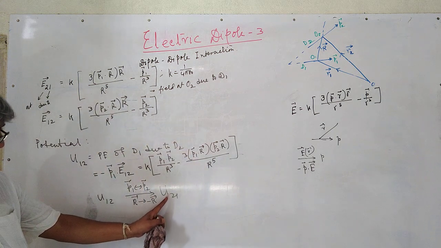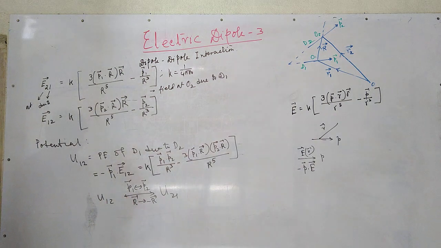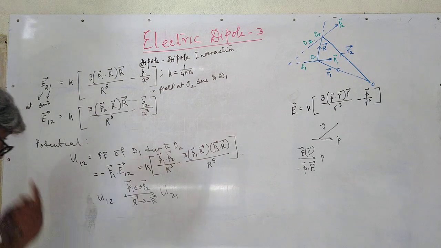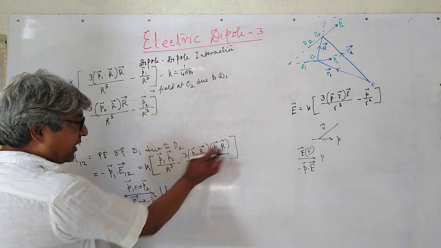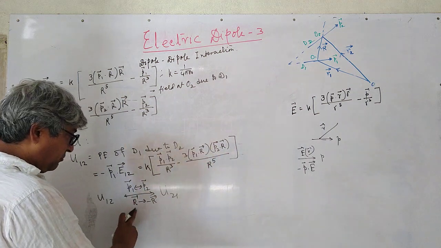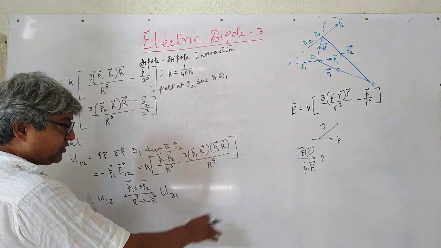We can also come from here to there. Starting from U12, we can go to U21 or vice versa. You see that this expression is symmetric about P1 and P2, so in this process nothing changes. And on changing R by minus R, the magnitude of the vector R doesn't change.